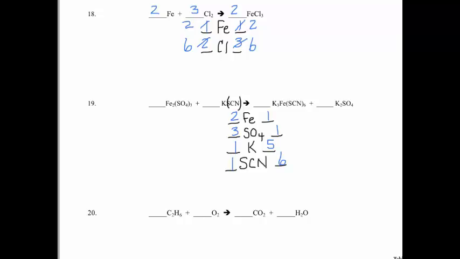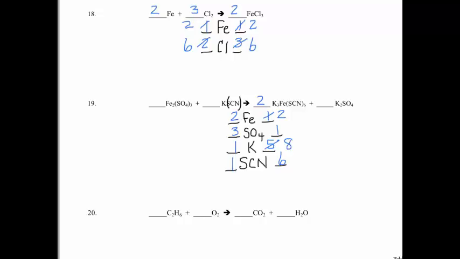So nothing's really working out very well, but you can start anywhere you like. I think I might start with iron this time, and I'll put a 2 out front here to fix my irons, but then that messes up some other things. So now my potassiums, I have 2 times 3, which is 6 potassiums there, and 2 more there, which is 8.